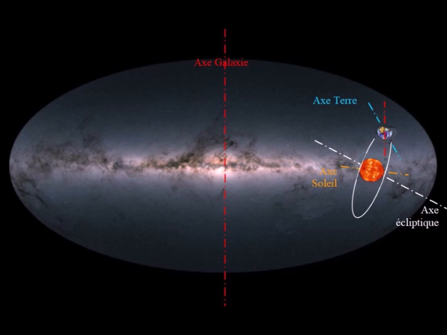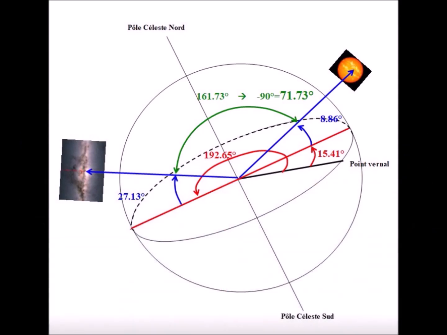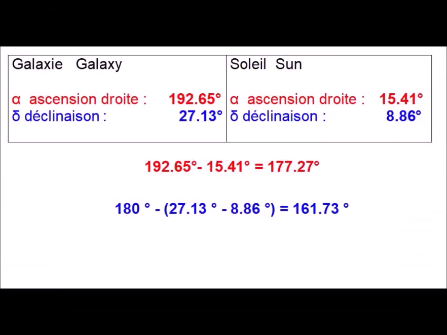Indeed, the right ascensions of the center of the galaxy and of the Sun, respectively 192.5 degrees and 15.41 degrees, are practically in opposition. The angle between their directions is therefore practically the complement to 180 degrees of the deviation of their declinations, that is, 180 degrees minus 27.13 degrees minus 8.86 degrees equals 161.73 degrees.